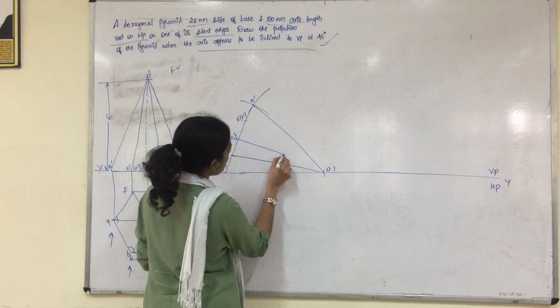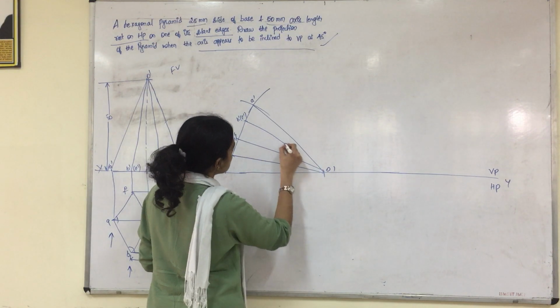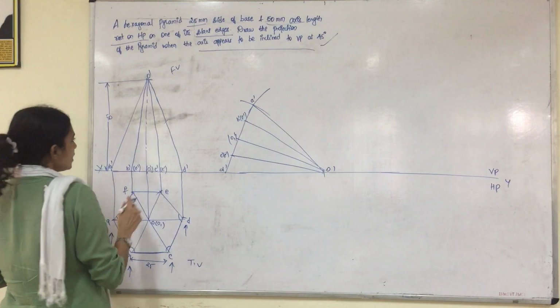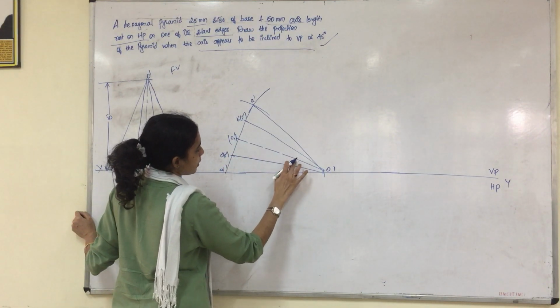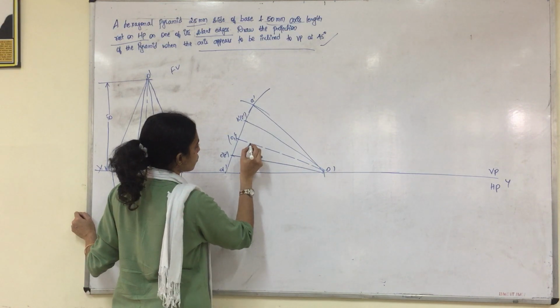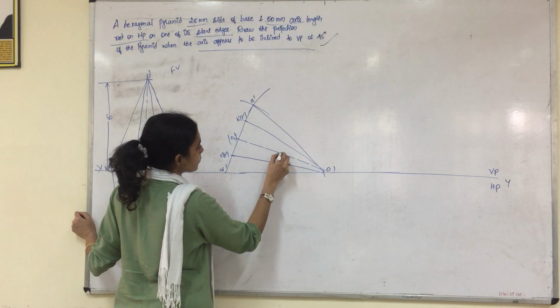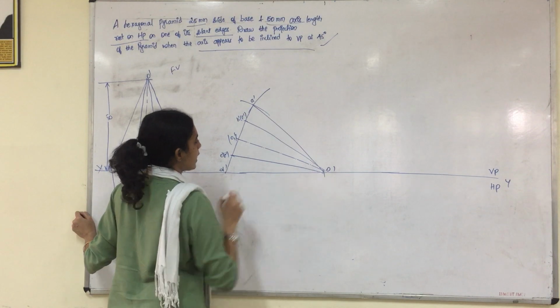So then join each projection from each point. Okay, so this is our axis line. So kindly draw the axis pattern, not a continuous one. Okay, I'm just showing you the axis line.